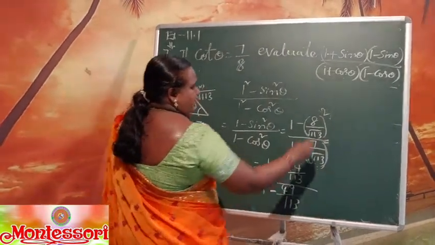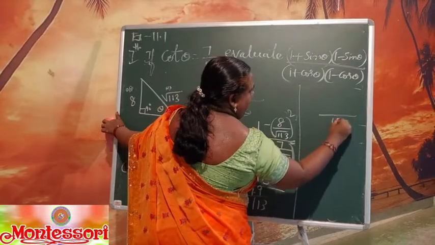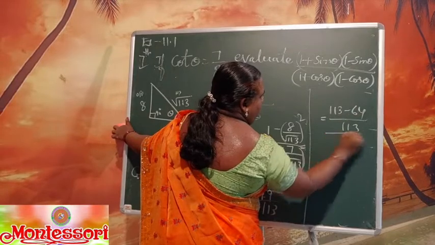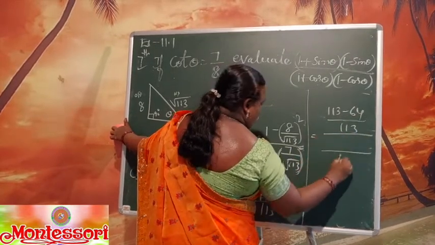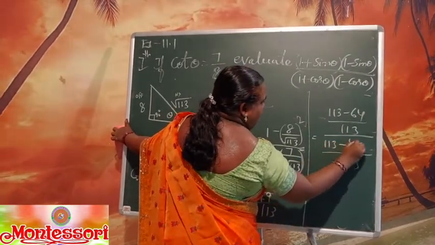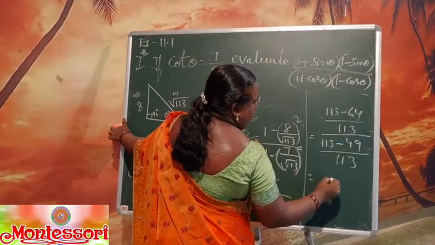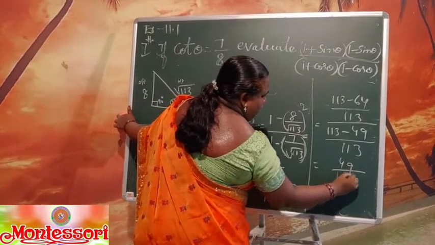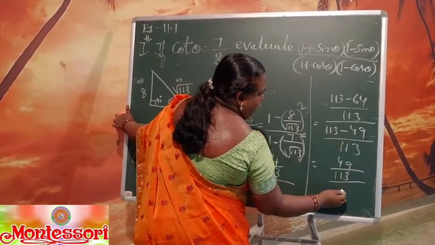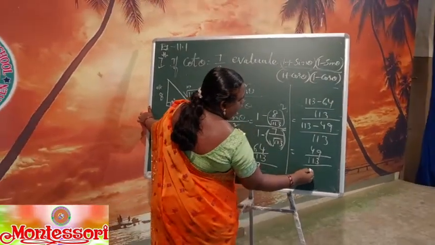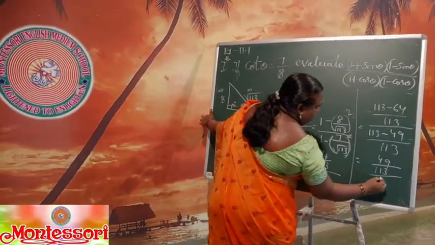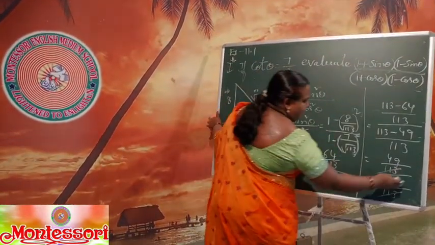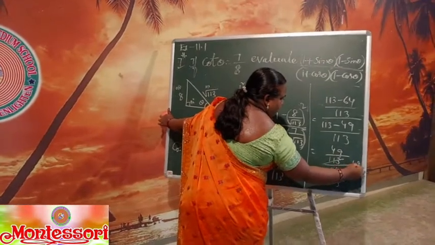So what is the LCM here? 113. So 113 minus 64 by 113 minus 49. So 113 minus 64 is 49, and 113 minus 49 is 64. So these two get cancelled. Final answer is 49 by 64.